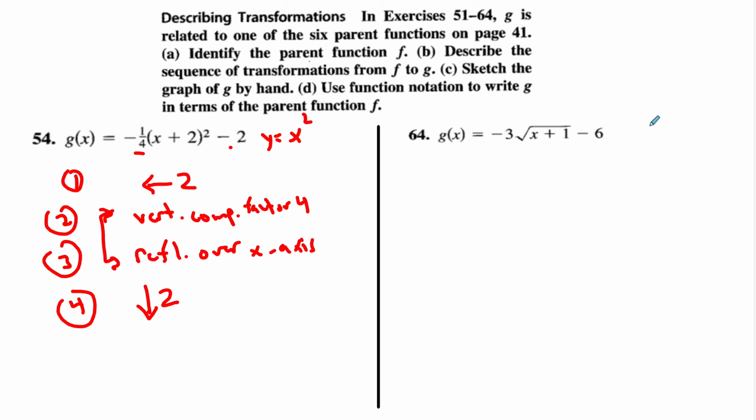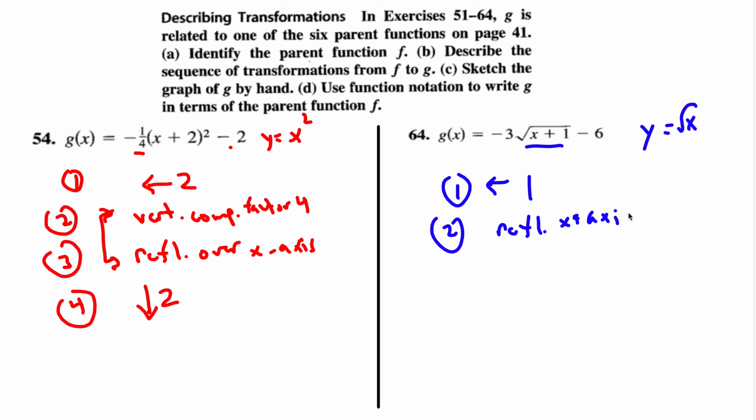In this last one, our parent function is y equals the square root of x. And of course, the first thing that happens is the shift of left 1, because that's inside the square root. Then we have another combination. So this time, let's do the reflection over the x-axis first, which is a negative, and the 3 is a vertical stretch factor 3.